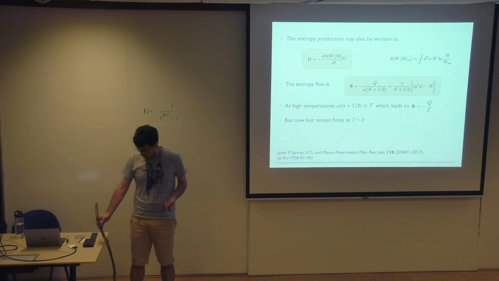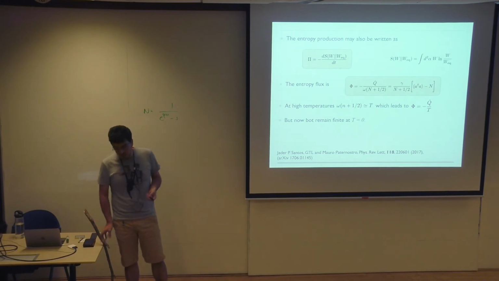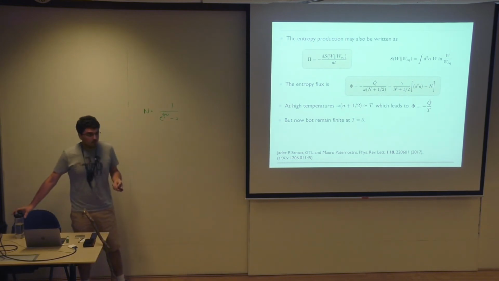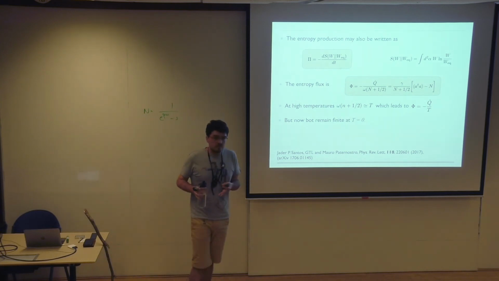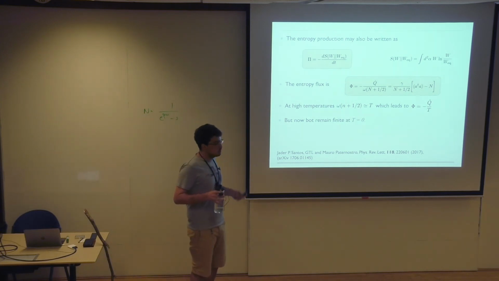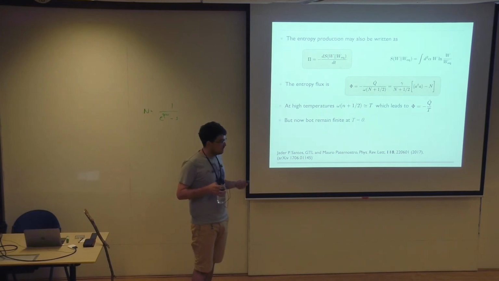So if you're working at high temperatures, it doesn't matter if you use the Husimi entropy or the von Neumann entropy. They both give the same results. However, if you now move to the opposite limit and go to 0 temperature, then they both remain finite. And then you have an operational quantity that you can use to estimate irreversibility even at 0 temperature.